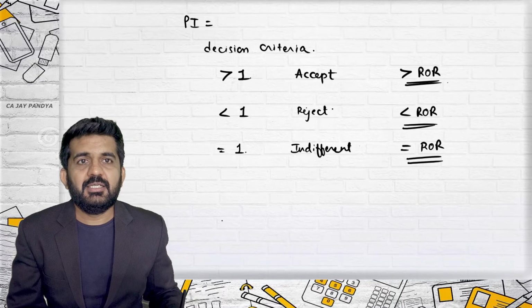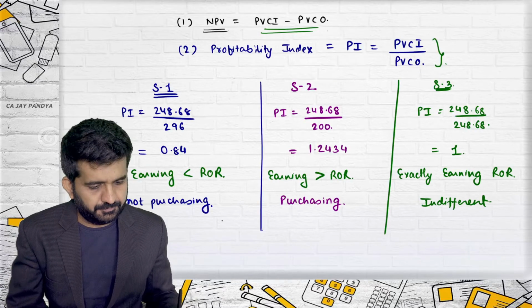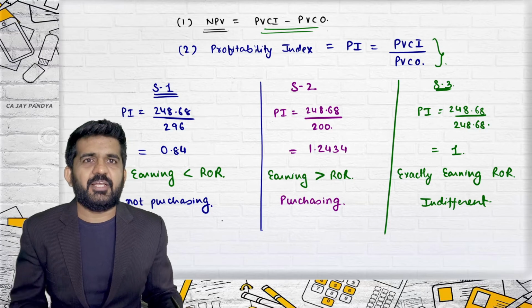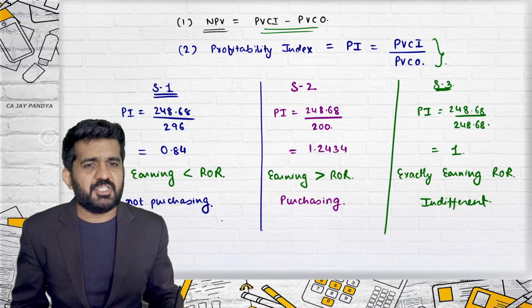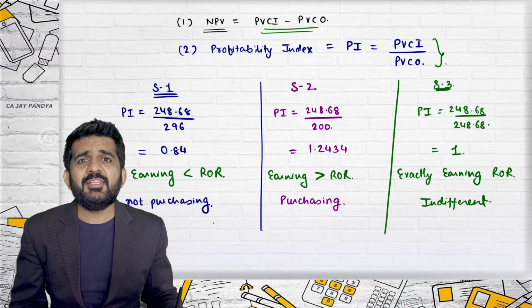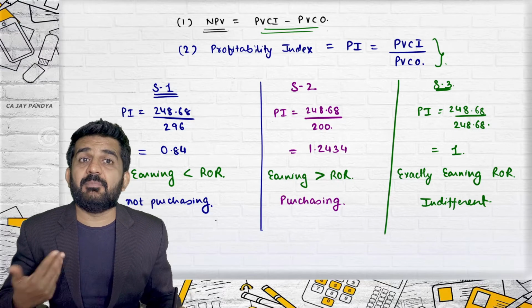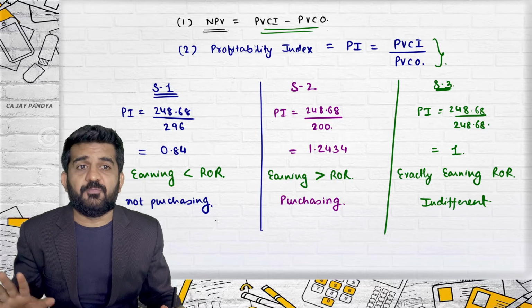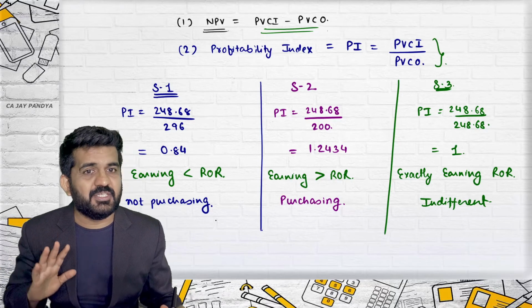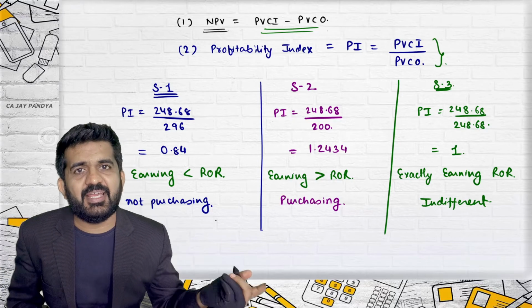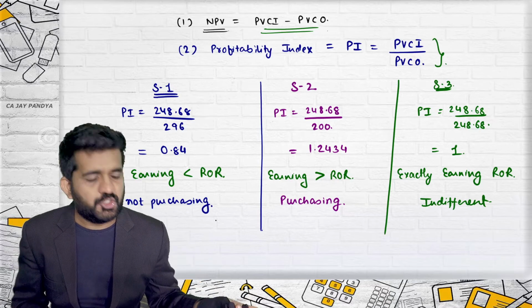Hoping yes. Let me ask you a question. I don't expect that you will be giving me the correct answer, but just try it. When these both methods are the same, they will give you the same result. Believe me, this will never give you a different result. PI will be giving the same result. If NPV is negative, PI will be less than 1. Surely you can see it.